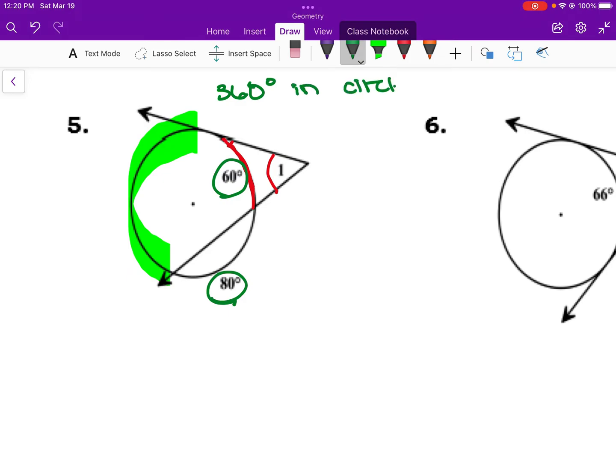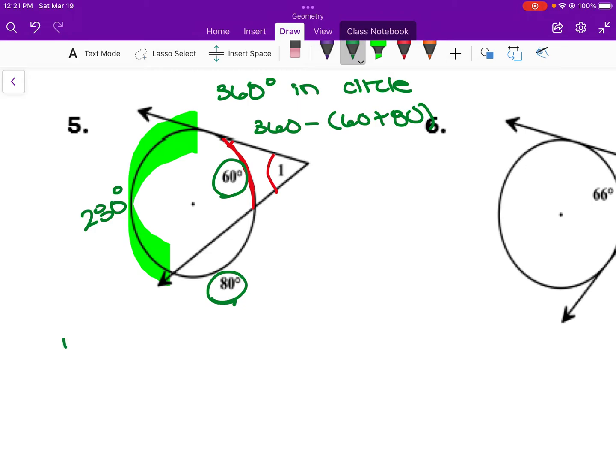So if I subtract out the angles that are given already, 360 minus 60 plus 80, then I will get the highlighted green measure. So if I subtract 60 and 80 from 360, then I should get 280, right? 280, yep, okay. So this guy here is 280 degrees in green.